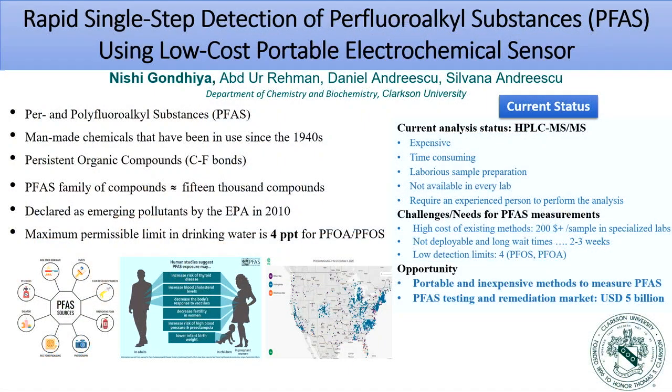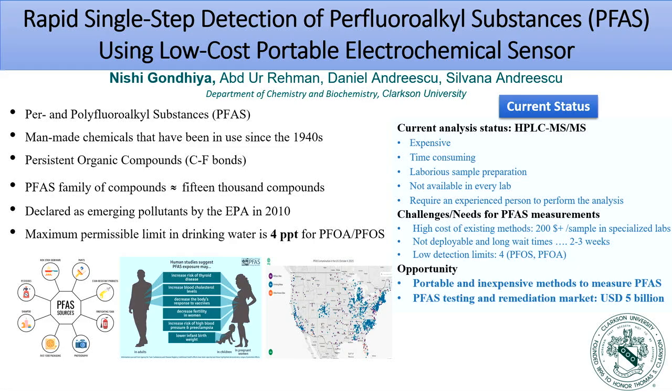Today, there are over 15,000 known PFAS compounds, and their presence in drinking water is increasingly alarming. The US EPA has set the allowable PFOA and PFOS levels at just 4 parts per trillion. That's like finding a drop in 20 Olympic swimming pools.